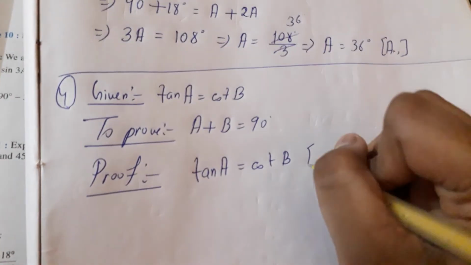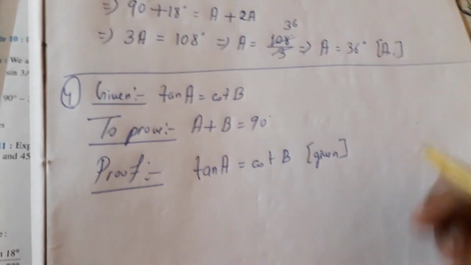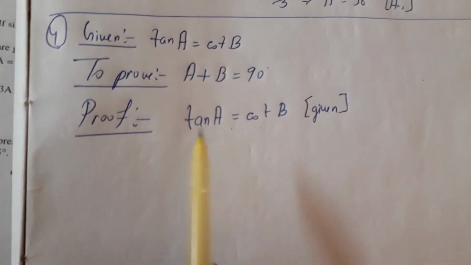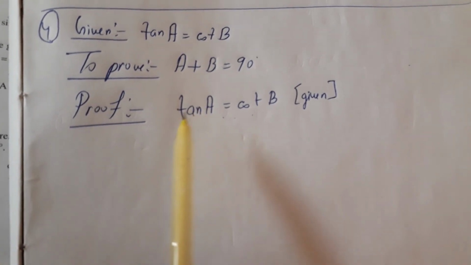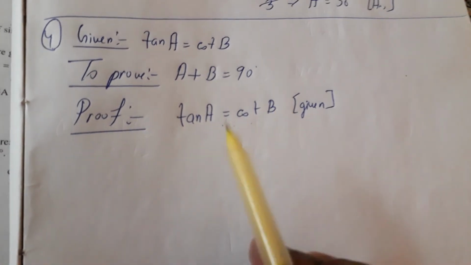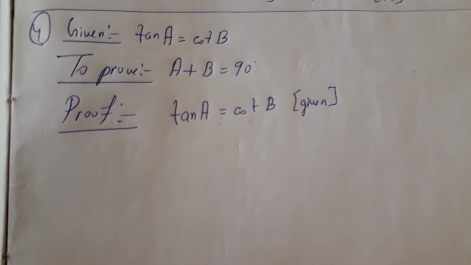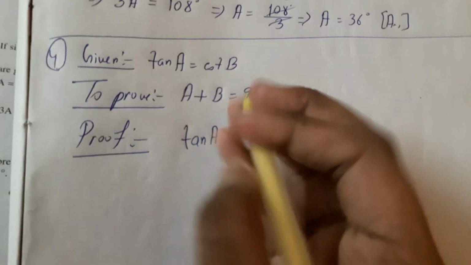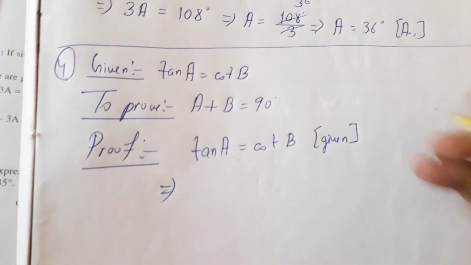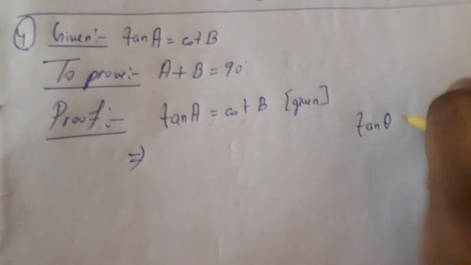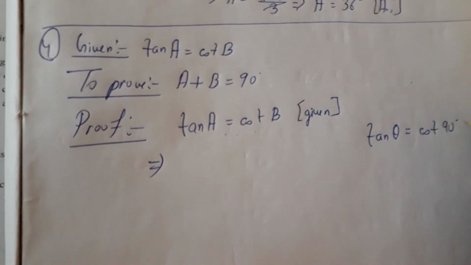Okay, it is given, that is tan A is equals to cot B. Now see students, we know tan theta is equals to cot 90 minus theta, or cot theta is equals to tan 90 minus theta. We can apply any one. Okay, now I am applying in tan, that is tan theta is equals to cot 90 degree minus theta.